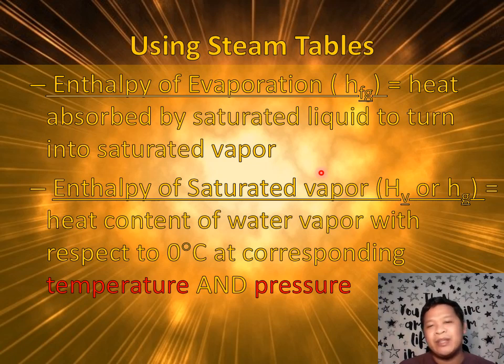And at the same time, that is how much heat it can give off from the saturated vapor state until it condenses to the saturated liquid state. And the importance of this one is, of course, we use this in our calculations whenever you have steam condensing and transferring its energy to the food being heated. Ito yung ginagamit nating value, okay, to determine that.